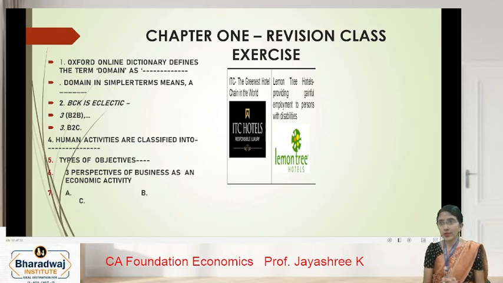Types of objectives: please list out the types of objectives. Then give the 3 perspectives of business as an economic activity. See here, it's not just types of business, but perspectives of business as an economic activity. Please do this exercise. These are intricate questions from chapter 1 in the BCK introductory segment.